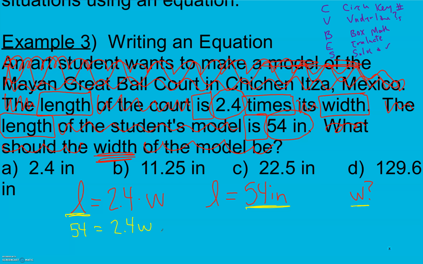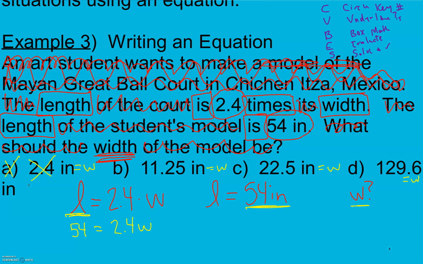And eventually we're going to get to a point where we can solve this, but for now we're going to guess and check. So these are some W values that we're going to check. And we can check those just by plugging them in for our W here, just like we did on the last slide. So when we plug in 2.4 times 2.4, we do not get 54, so A doesn't work.